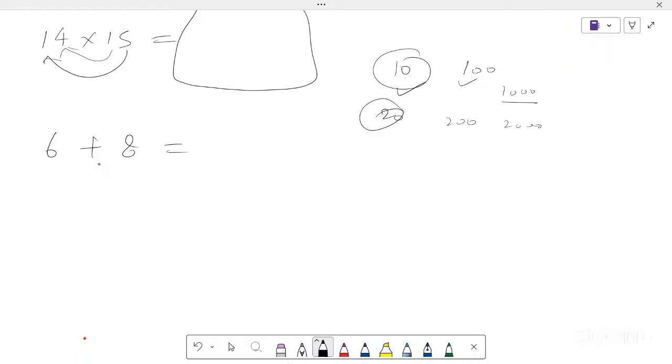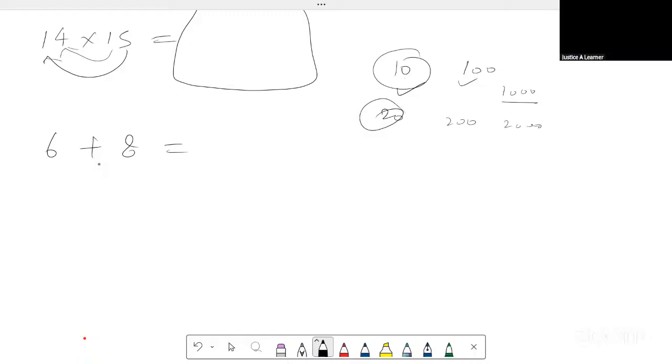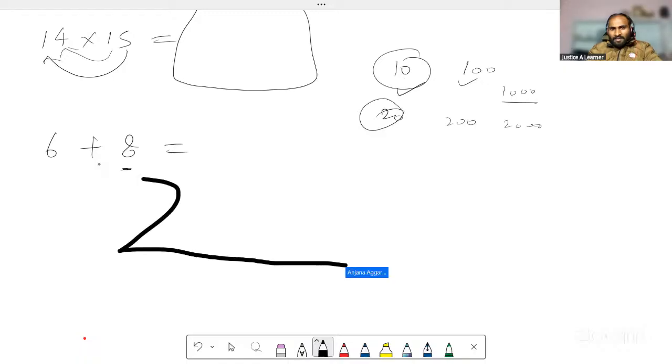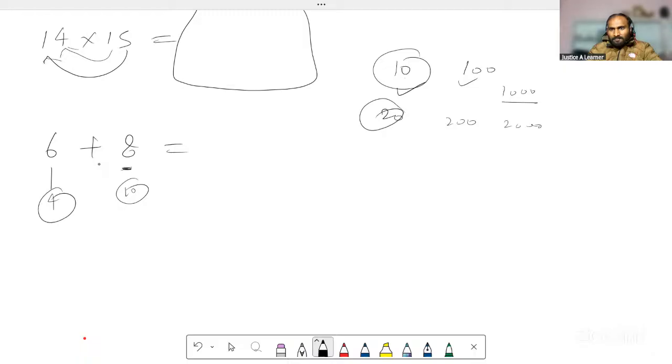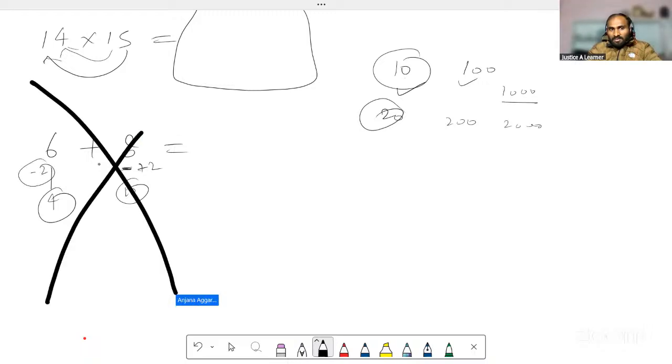I guess this is easier because it would need only two, right? So I would give it two, and it would become 10. So if I have given two to this, how much is this now? It would be four, right? I have given it plus 2 and then I have to subtract 2 from this number.